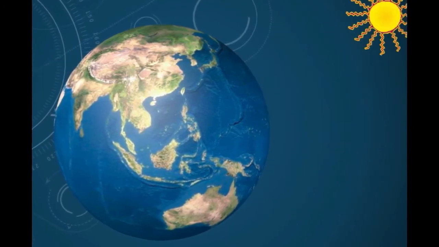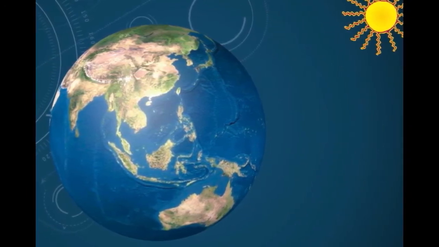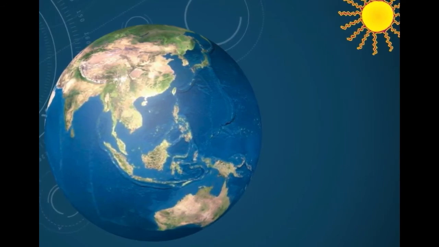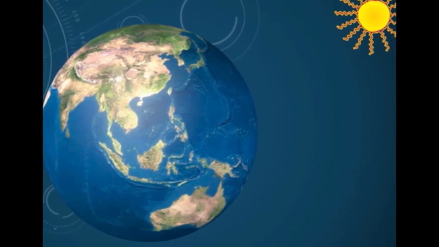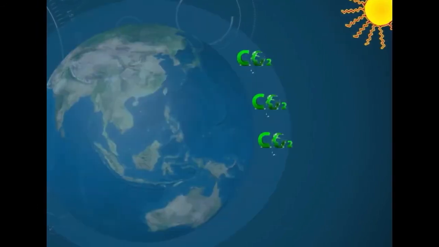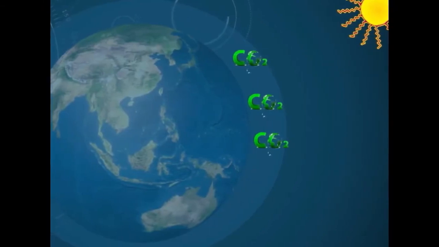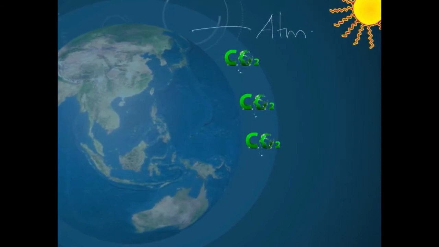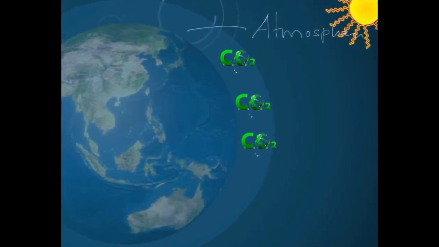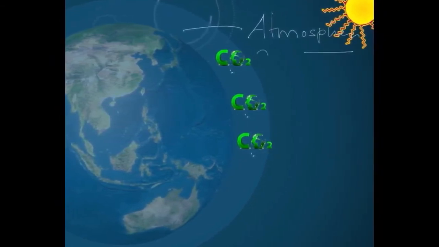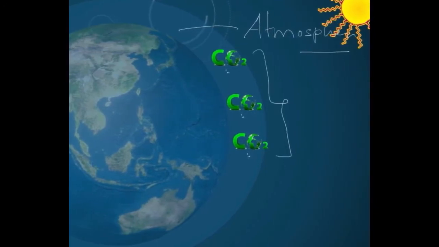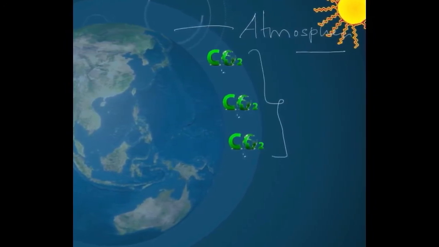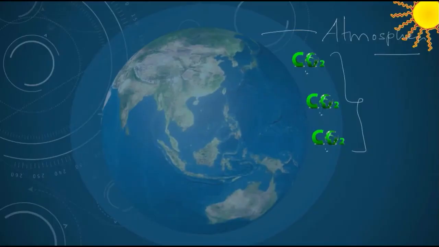But what happens? Because of deforestation, the amount of carbon dioxide increases. So then our atmosphere contains more than the required percentage of carbon dioxide. So what?